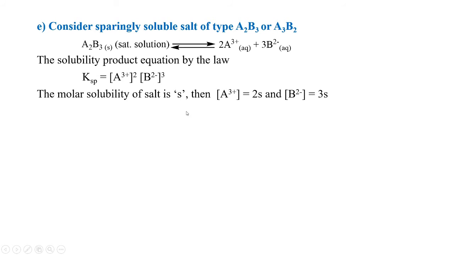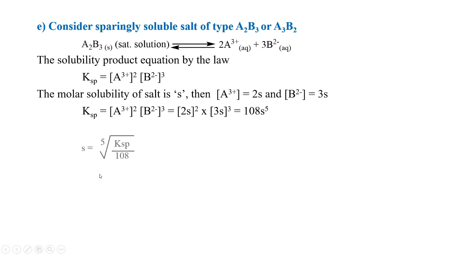The molar solubility of salt S, for A2+ is equal to 3S and B3- is equal to 2S. So we can write KSP is equal to (3S) cube into (2S) square, which is equal to 108S raised to power 5. So finally, the solubility of salt S is equal to fifth root of KSP upon 108.